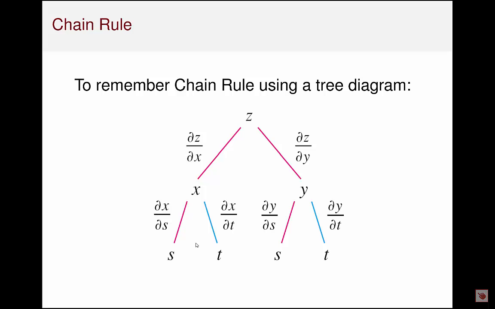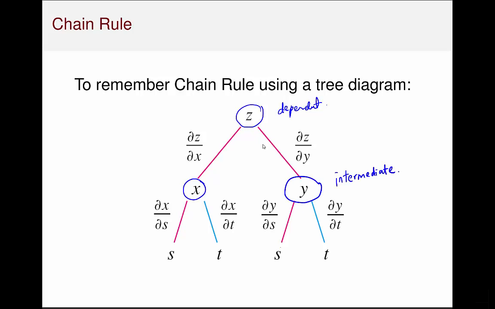So as you can see in the picture, we have on top of this tree the dependent variable z, below which we have the intermediate variables x and y. And now as we move from the dependent variable z to the intermediate ones, x and y, along their respective branches, we write down the corresponding partial derivatives.